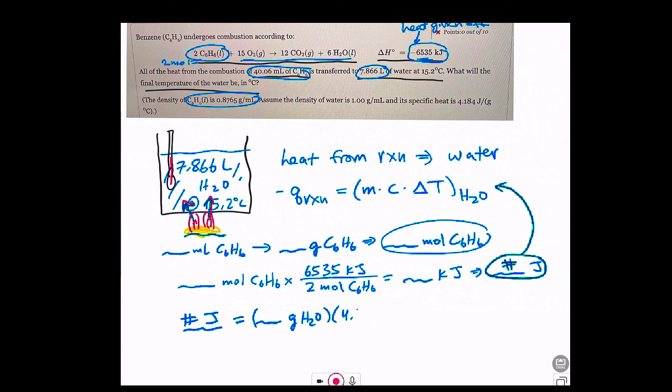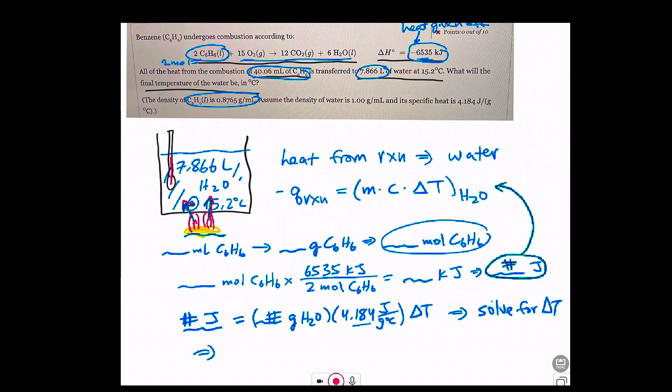Specific heat of water, of course, is 4.184 joules per gram degree Celsius. And then it's actually probably easiest to just say, here's our delta T. And then we know the number of joules, we know the number of grams of water, we know the specific heat. So it should be fairly straightforward to solve for delta T.